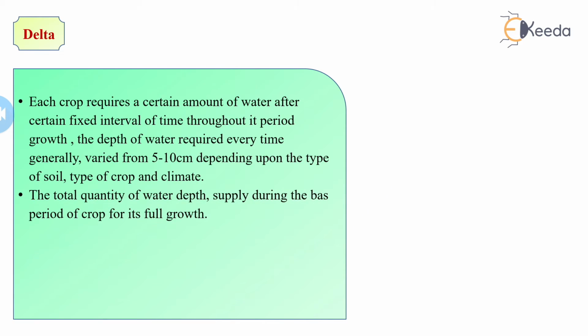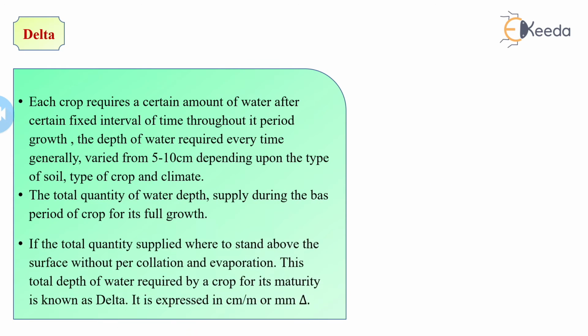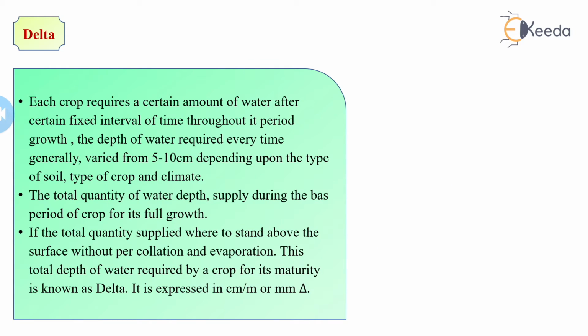So, the total quantity of water depth supplied during the base period of a crop for its full growth, if it were to stand above the surface without percolation and evaporation losses, this total depth of water is termed as delta.